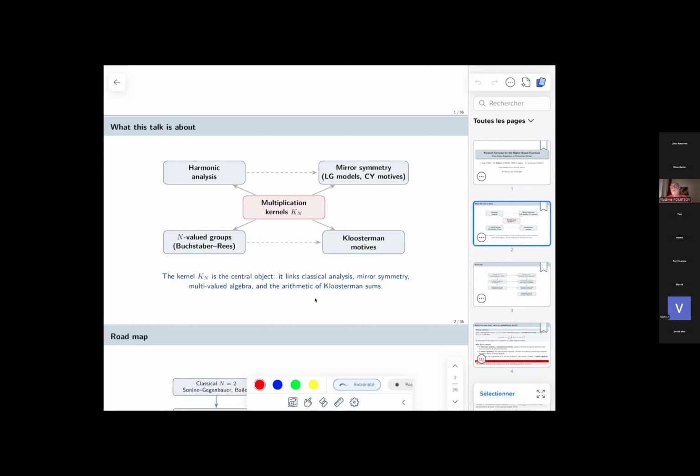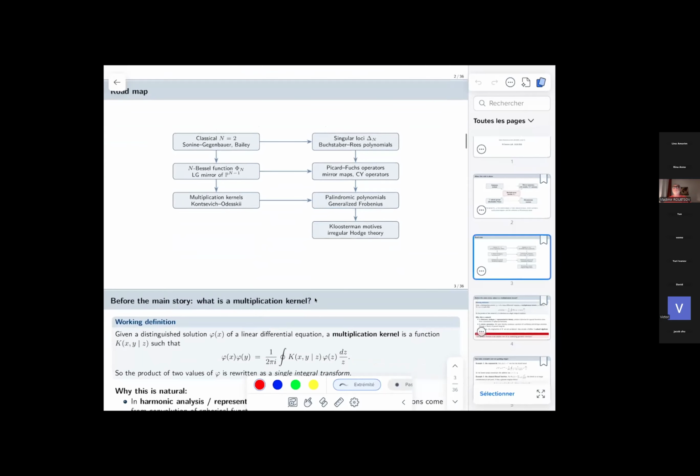Then recently, as I told you, these multiplication kernels became very close to so-called Kloosterman motifs in algebraic geometry of finite fields and number theory. And of course, the main origin of the interest in multiplication kernels is mirror symmetry, Landau-Ginzburg models, and motifs related to Calabi-Yau varieties.